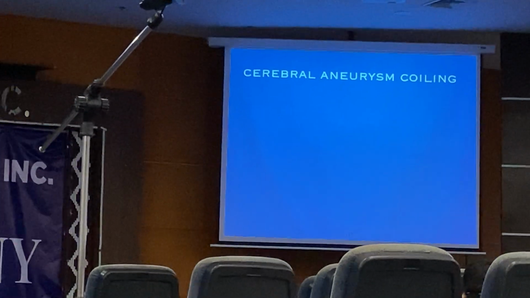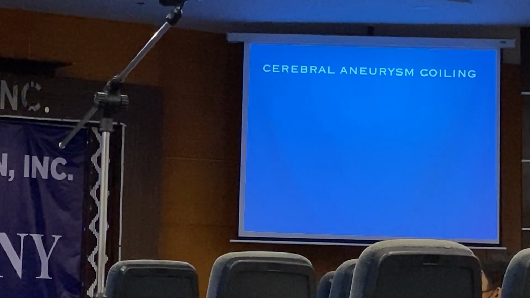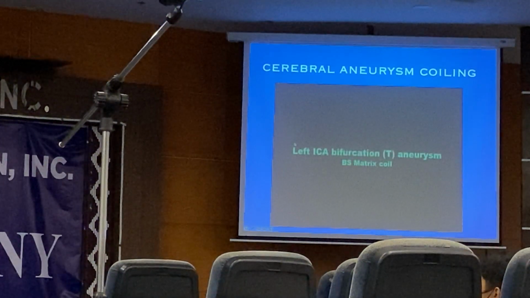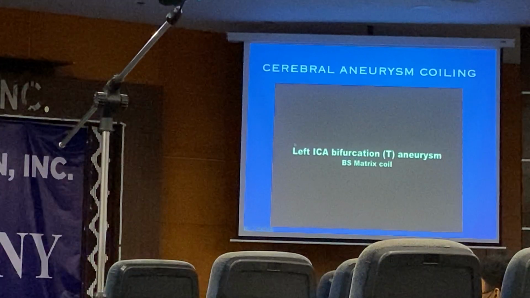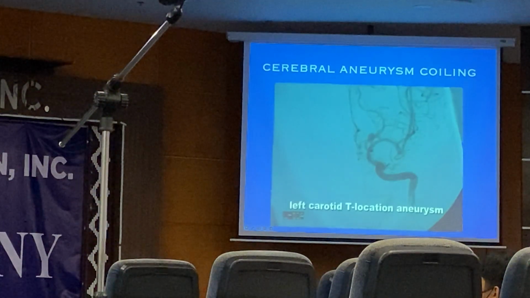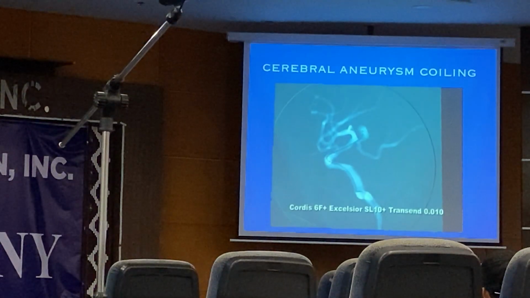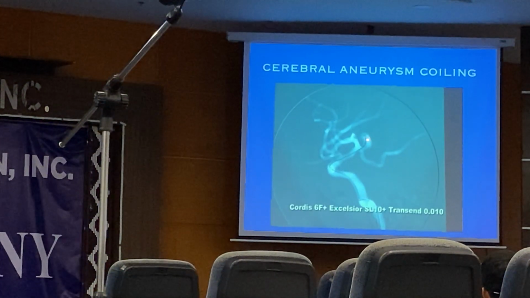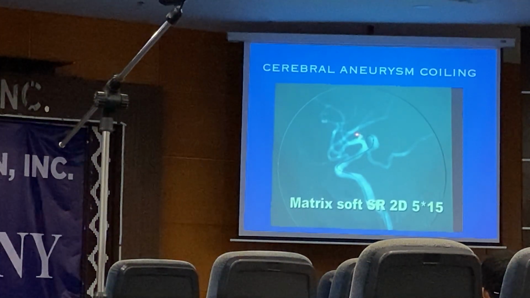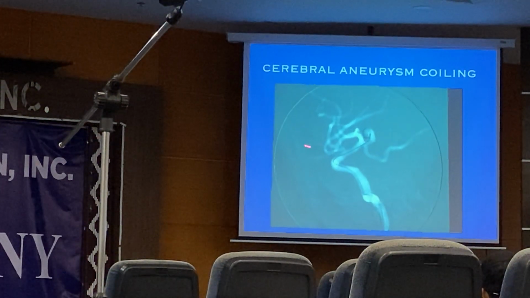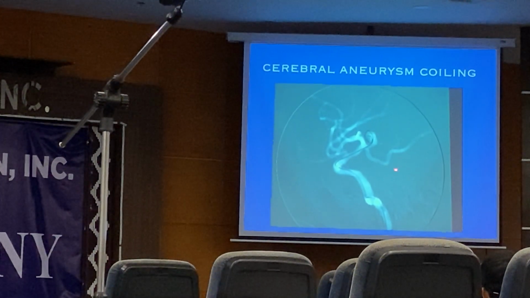To show you how it is done under fluoroscopy in the cath lab, this is not my case, just to give you an idea. You can see there's a large aneurysm there at the bifurcation of the internal carotid artery. This is the anterior cerebral and this is the middle cerebral.